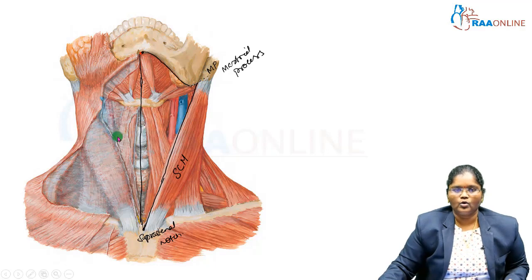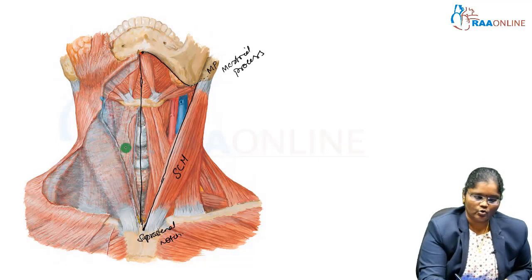Whereas the roof is formed by a thin glassy membrane, a thin white paper-like structure. This is the investing layer of the deep cervical fascia. You can see two layers shown here, this is one layer and this is the other layer.